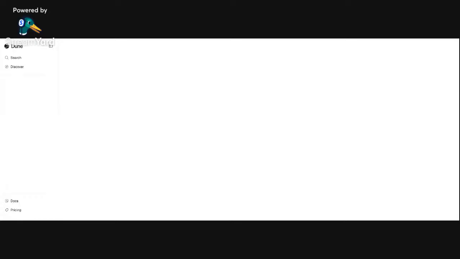So I'm going to go to the next query, which is the average fees per transaction on Arbitrum. So it's taking a while to load.